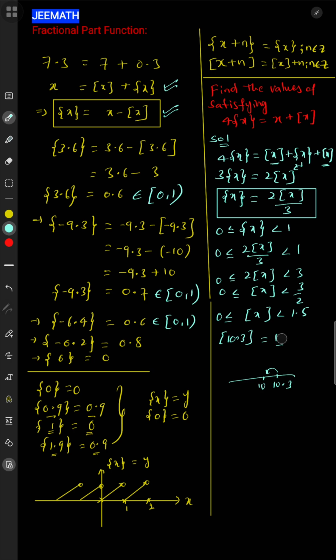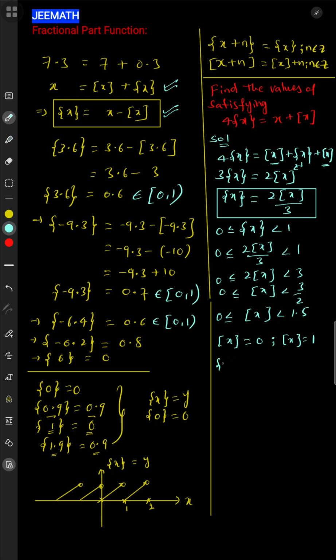So step x will always be an integer. What are the integers from 0 to 1.5? You can say 0, and step x is equal to 1. These are the only integers from 0 to 1.5, correct?